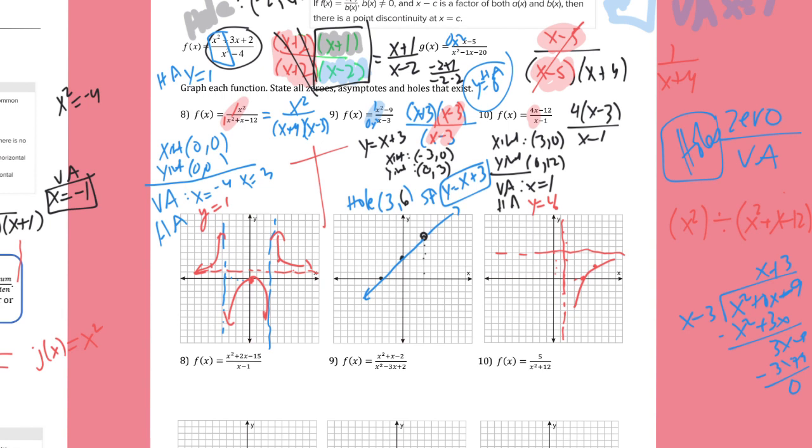And so you're going to get this graph over here. There's no hole. Negative 1, I believe, is 8. Negative 3 is 6. So you can get a decent graph by looking at the table.